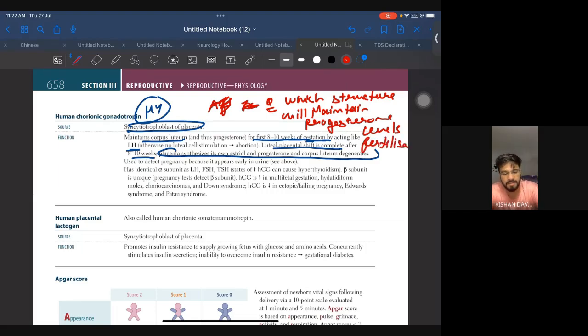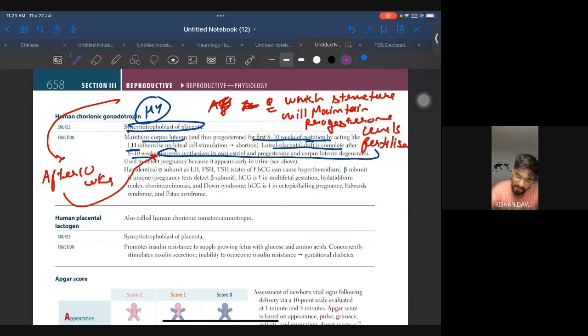Okay, so if it is within 8 to 10 weeks, the corpus luteum is responsible for maintaining the progesterone levels. But if they ask after 10 weeks, your answer will be placenta. Okay, so this small thing you have to keep in mind.